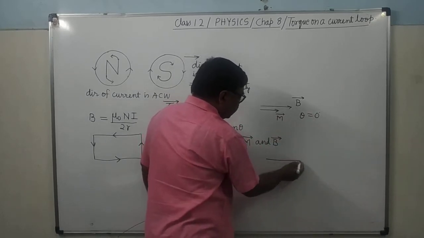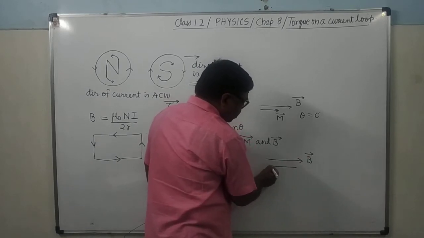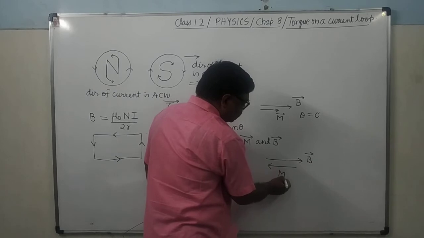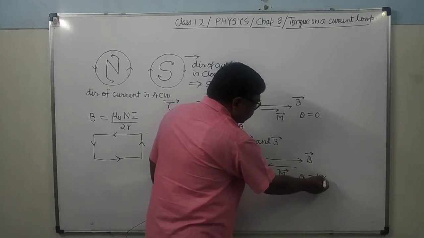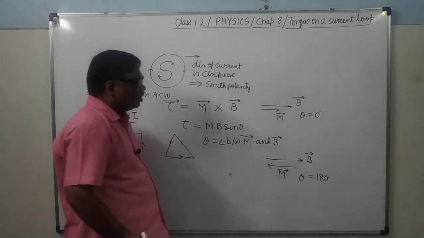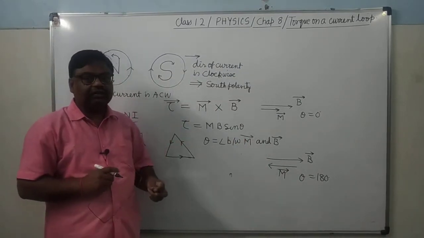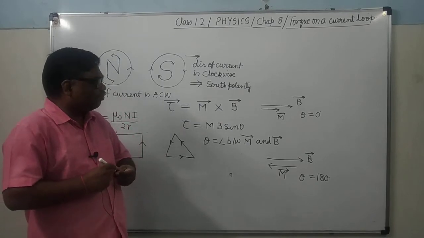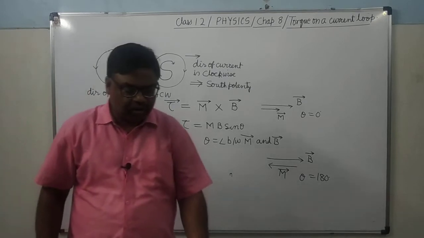And when vector B and vector m are in opposite directions, theta equals 180 degrees. As you know, sin 0 degrees is 0 and sin 180 degrees is 0. Therefore the torque will become 0. There will be no torque.